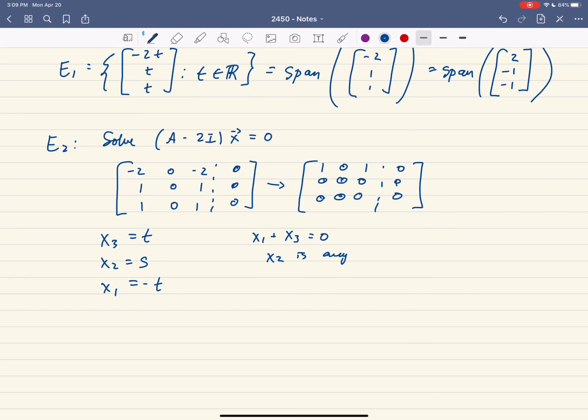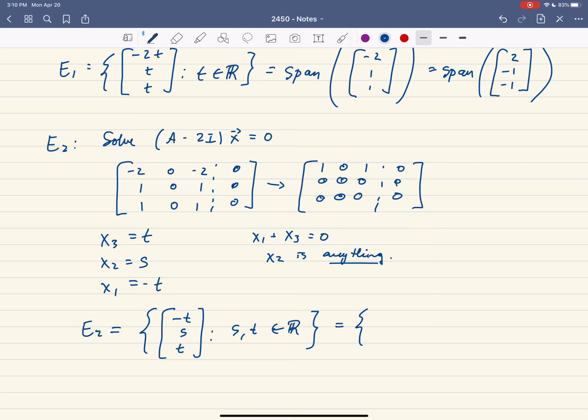There's no restrictions at all on what we can say about x2. And if we put those together, this is what we get. So this means that E sub 2 is going to be the set of vectors of the form negative t, s, t, where s and t are allowed to be any arbitrary real number.